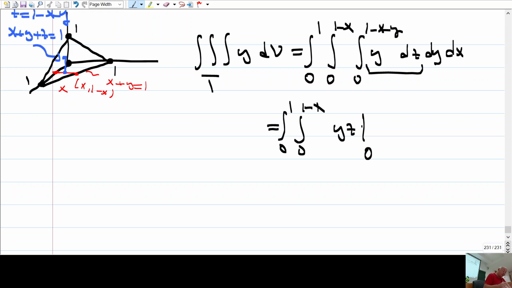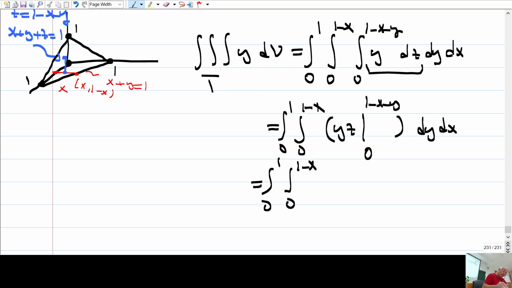And here z changes from 0 up to 1 minus x minus y. Okay. And then I have dy and dx, 0 to 1, 0 to 1 minus x. So for z, I plug this value and then this value. So this is y times (1 minus x minus y) minus y times 0. All right. And then dy dx.